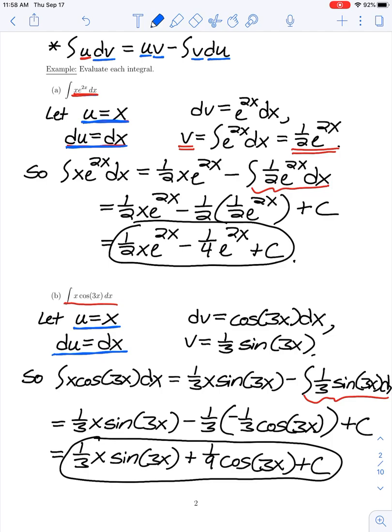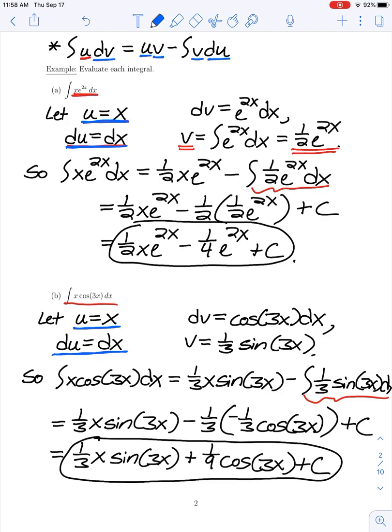So if we make our choice of u as a polynomial, let's say x, when we take the derivative, we just get a constant, 1. Or in general, if I had a polynomial, let's say this was x squared instead of x, when I differentiate x squared, I get 2x, which would be a first degree polynomial instead of the quadratic.